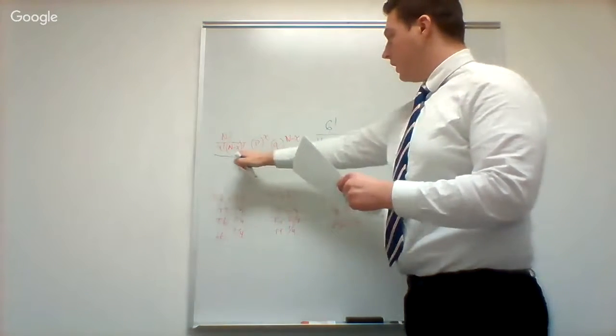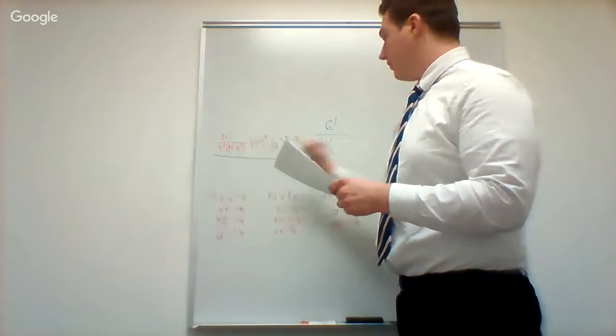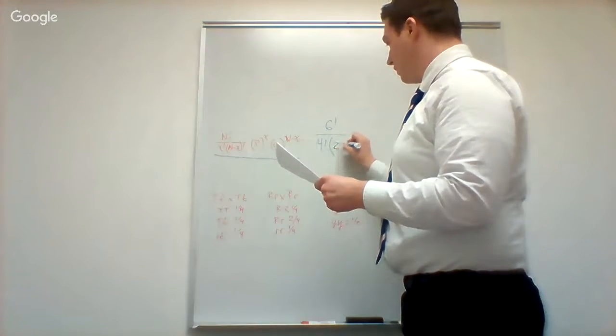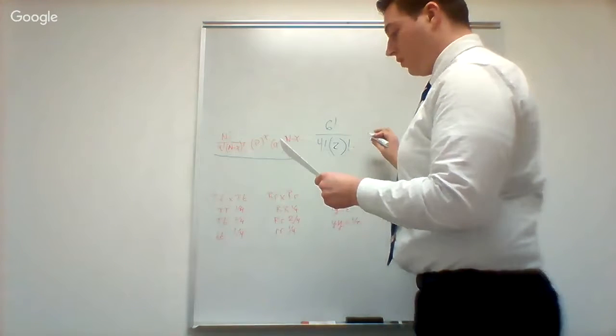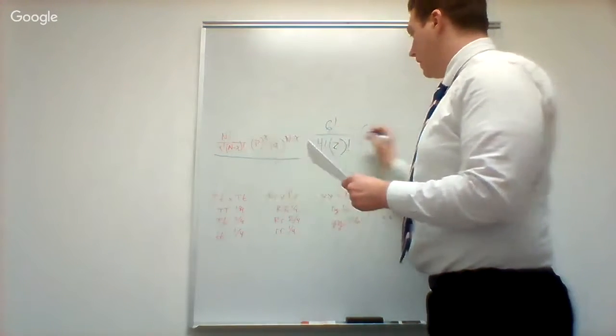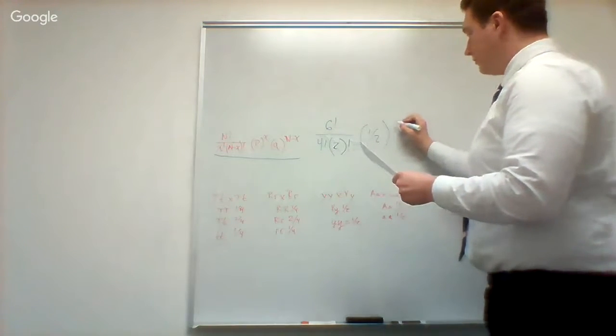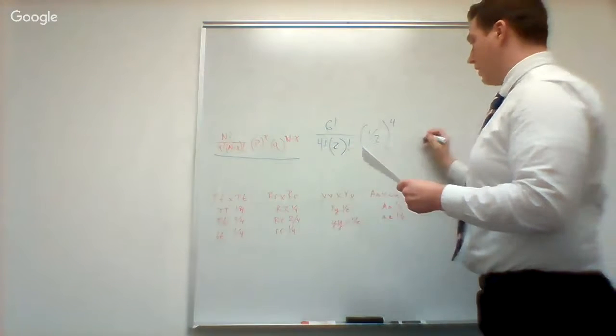Then you take the total number, which is 6, minus the ones that are unaffected, so that's going to end up being 2. Put another factorial. And p to the x is going to be 1/2 to the 4th, because 4 is our x value.